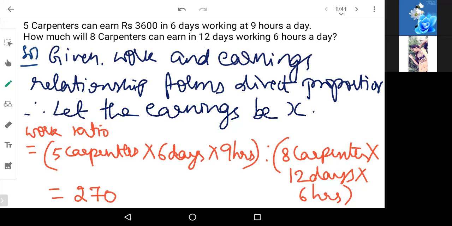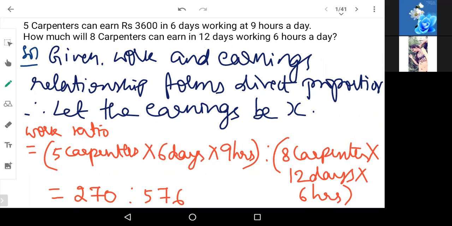Now similarly, multiply the other one: 8 into 12 into 6 is 576. So the work ratio for us is 270 is to 576.